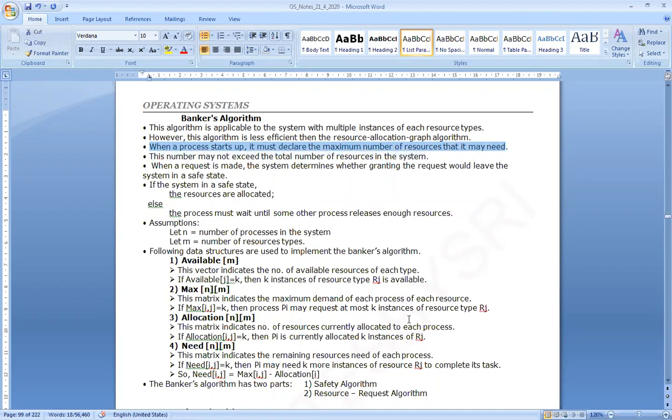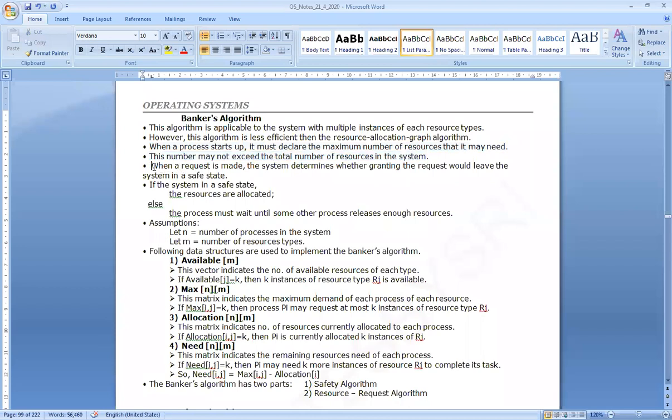Whenever we start up the process, at that time only we should declare the maximum number of resources that may be needed, to create a safe sequence. And one more point is that this number may not exceed the total number of resources in the system.